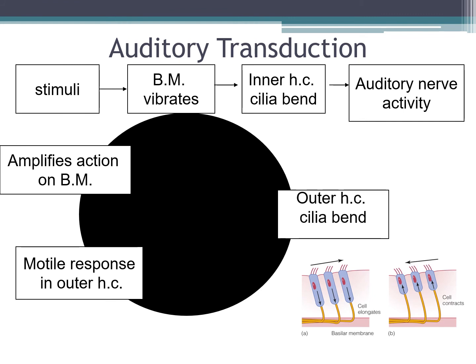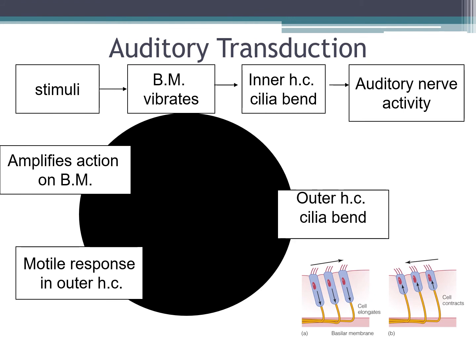So we have the stimulus, the changes in air pressure that are occurring because of the particular sound waves we get. The basilar membrane is vibrating. This is causing the inner hair cell cilia to bend back and forth, which is causing depolarization, hyperpolarization, depolarization, communication, synapsing on the auditory nerve, which is going to take that information to the brain.